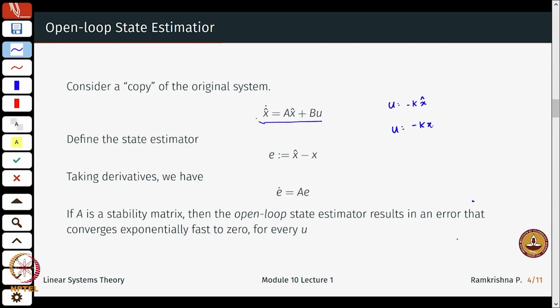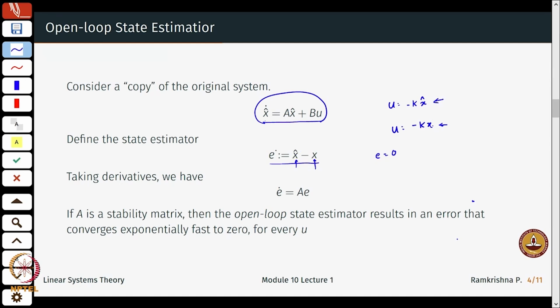So I construct a copy of the system, which is a copy of the original system, with new states x hat, in such a way that now I can define the error between what I call the estimated state and the actual state. And what I really want is that the error should be equal to 0, that the estimated states which are being fed back are equal to the actual states that the system needs, right.